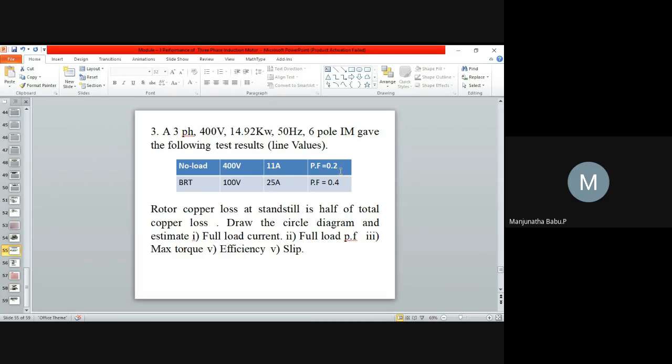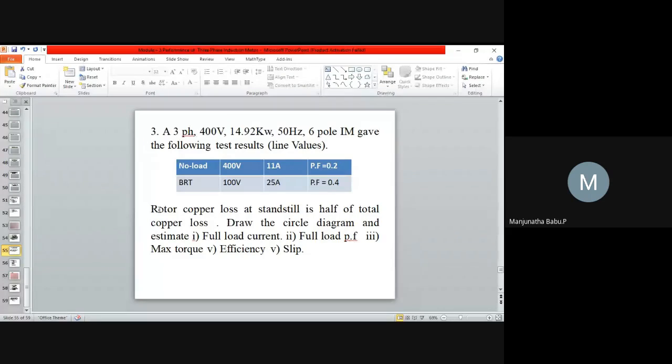That is the no load power factor, cos phi naught is 0.2. Block rotor test: VSC, short circuit voltage is 100 volts, short circuit current ISC is 25 amps, cos phi s is 0.4. Here in the data it is given that the rotor copper loss at standstill is half of total loss.